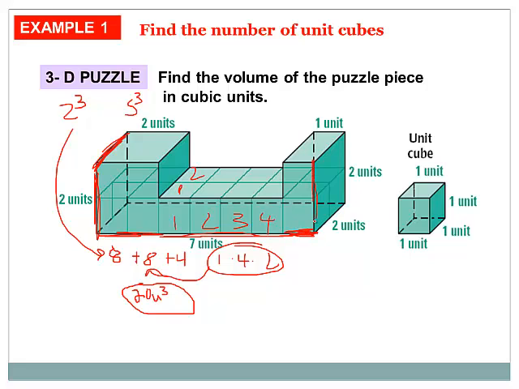You have a thickness, a height of 2 units, and you have a width of 2 units as well. So this would just be 1 times 2 times 2, and that gives you your 4. So all I'm doing is splitting it up into prisms that I understand, which creates the entire volume of this particular puzzle piece.